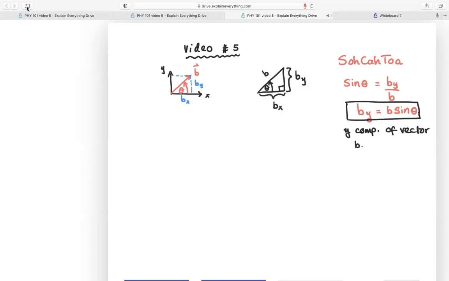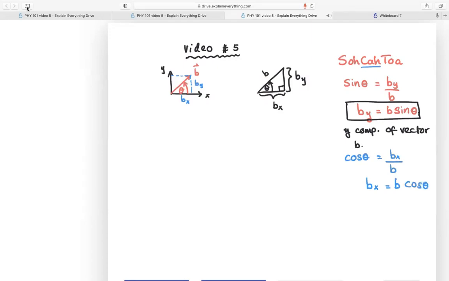Okay, and then the same way we did the cosine theta. Let's go to the SOHCAHTOA again. CAH, the adjacent in this case is B of x, and the hypotenuse is B. So when you do the cross multiplication and isolate Bx onto one side, you get Bx equals B cosine theta.